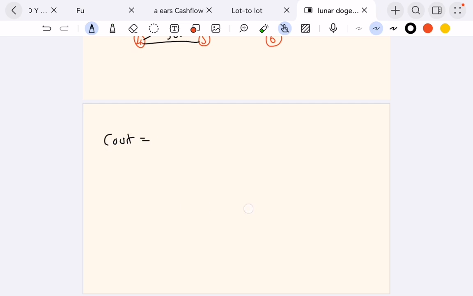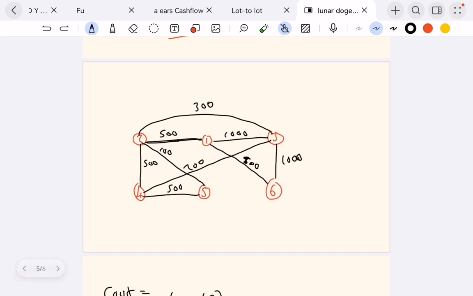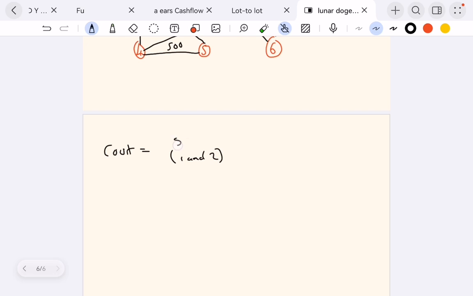It will be equal to, so we have 1 and 2 here. It's 500. 500 times 100 is how much? 50. So we have 50,000 here.